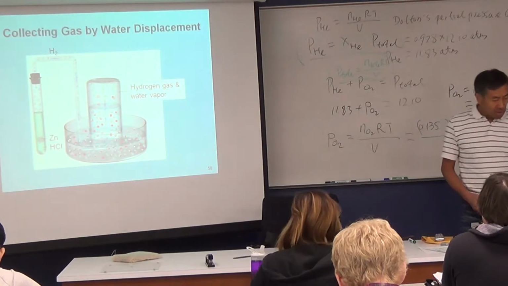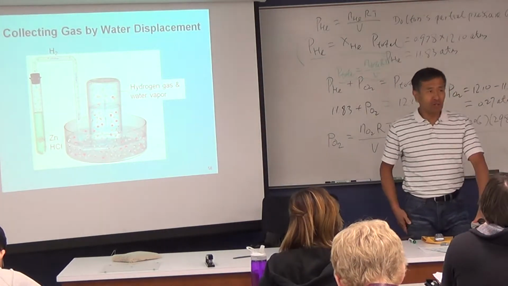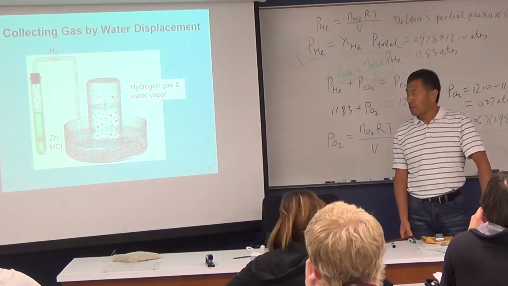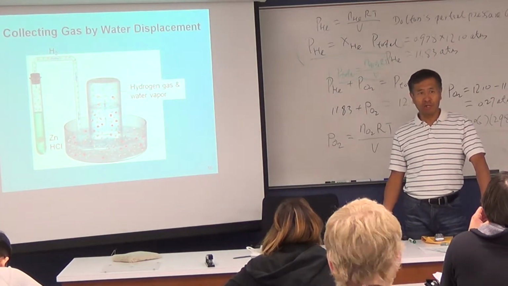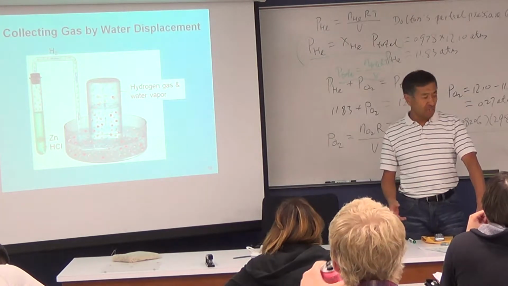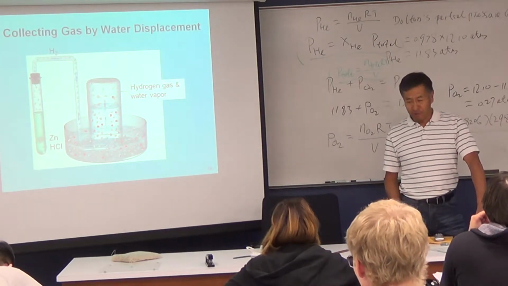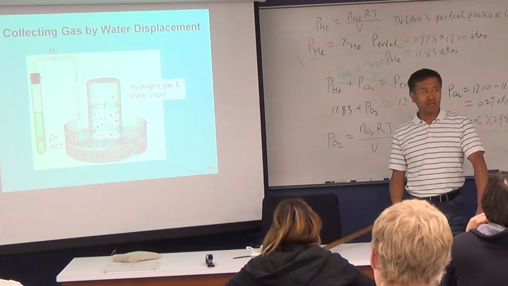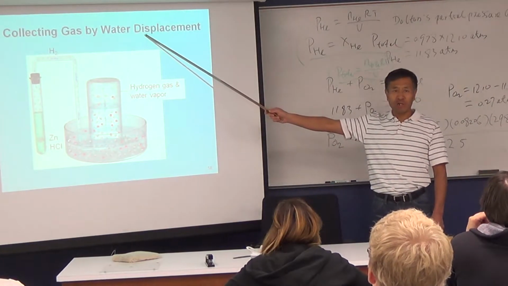Now there are some other uses of Dalton's partial pressure law. If you do some of those studies, or work, or research, where you get some gas and you want to measure how much gas you get, one way of collecting the gas is collecting gas over water, the so-called water displacement.